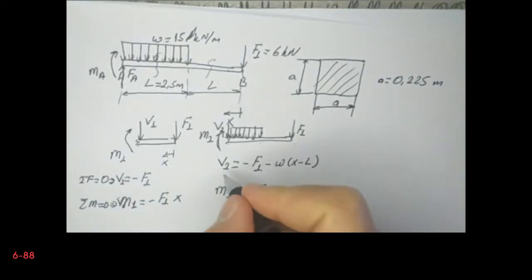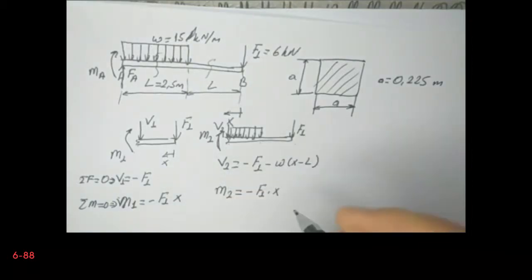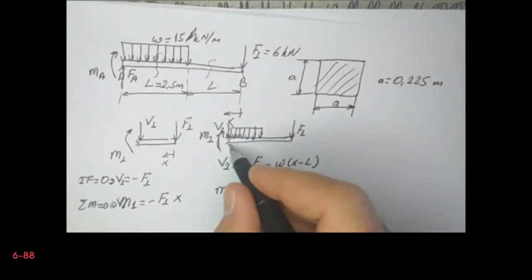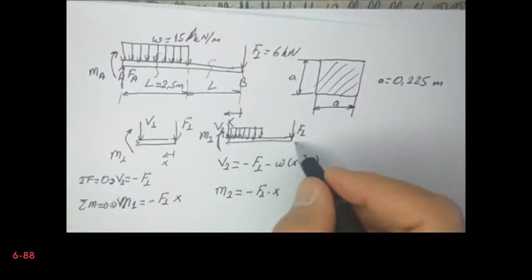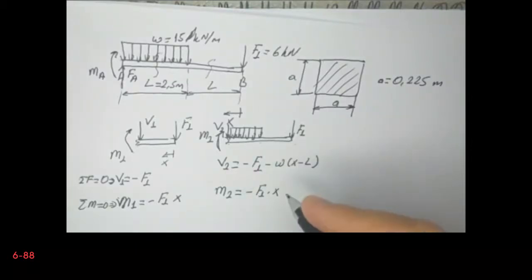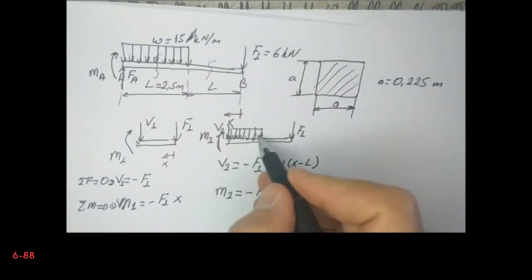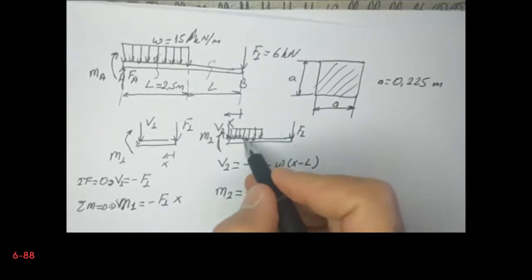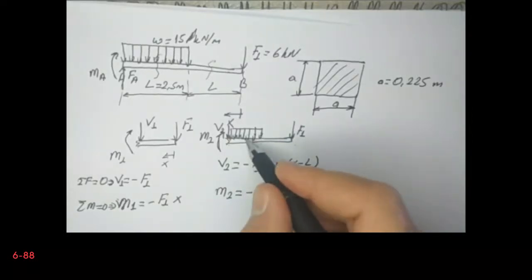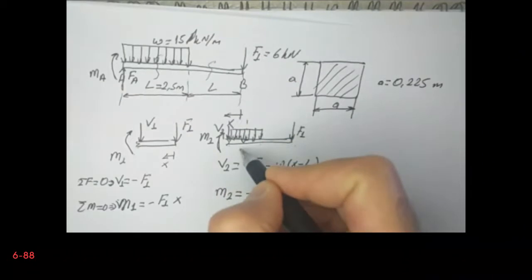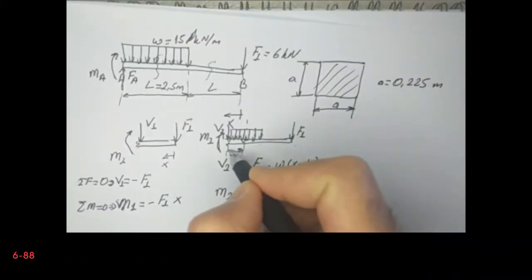So M1 multiplied by X, and this has resultant of minus W X minus L. This is the resultant force, and it will act at the center, so it will act at point x minus L divided by 2. There will be a resultant here. So this distance is x minus L divided by 2.